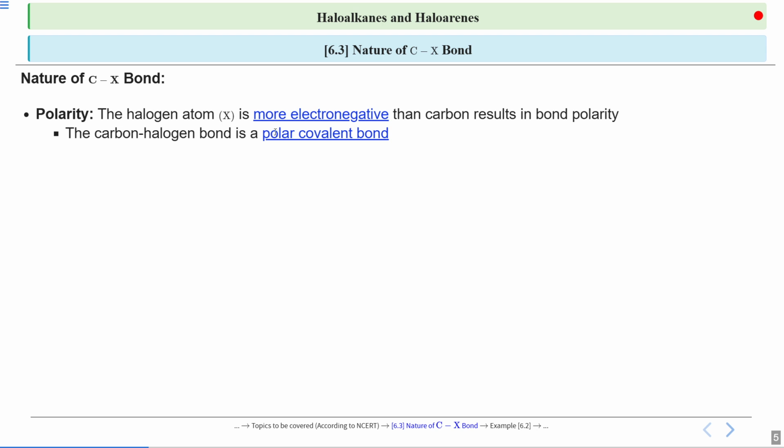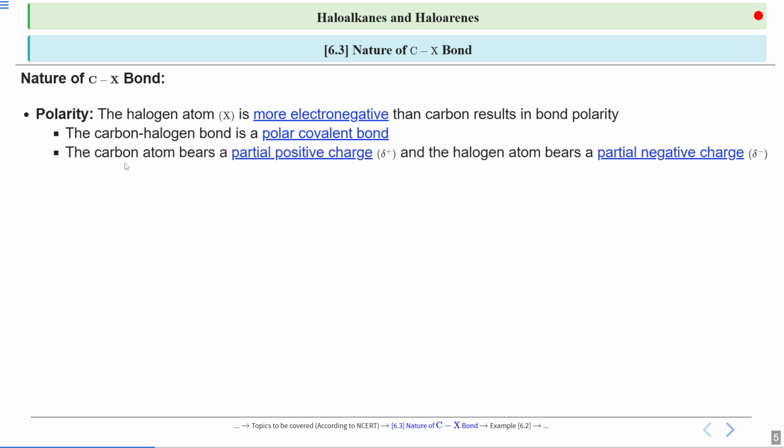The carbon halogen bond is a polar covalent bond. As I said, because the halogen atom is more electronegative than the carbon, due to the difference in electronegativity, the bond becomes polar covalent. The carbon atom bears a partial positive charge, which we call delta positive, and the halogen atom bears a partial negative charge, which we call delta negative.